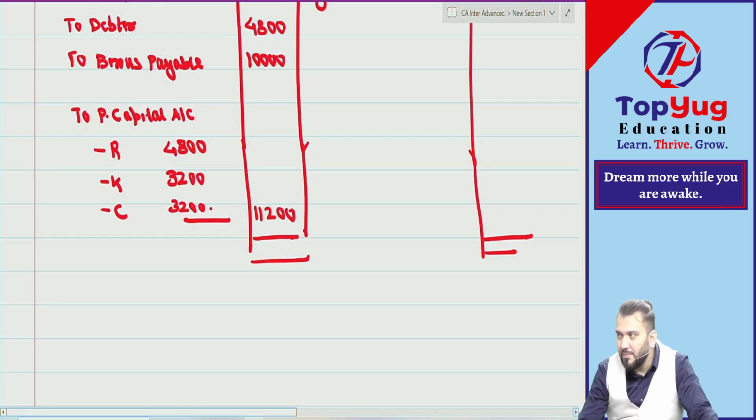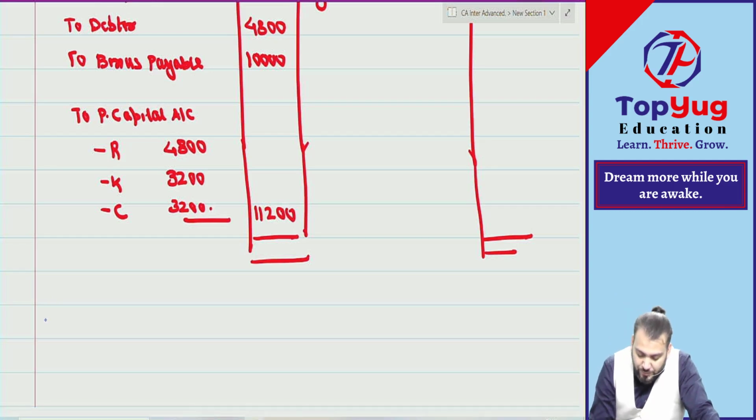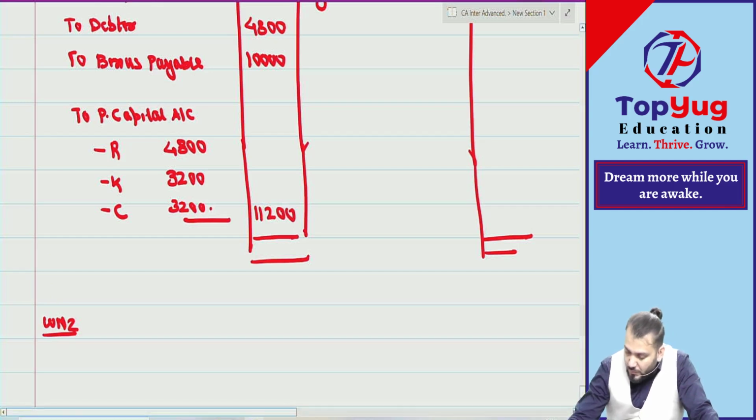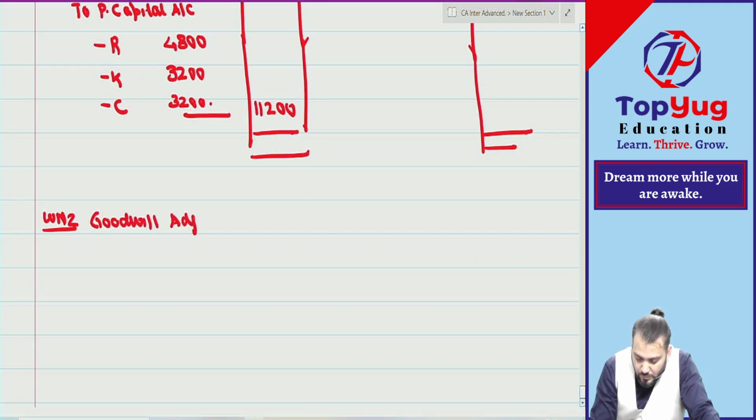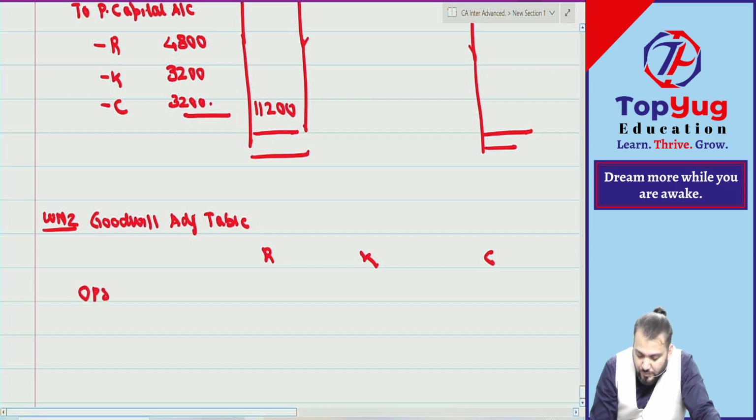There is no reserve and surplus, then third, what will we do? Goodwill. So working note number 2, can I say the goodwill adjustment table? RKC. First in the OPSR, what was the OPSR? 3 is to 2 is to 2.